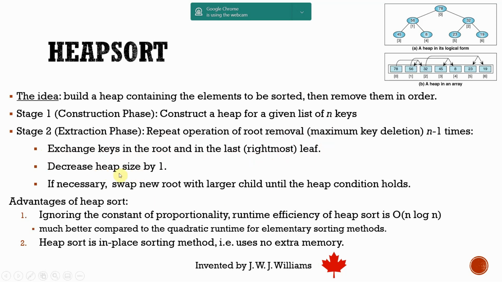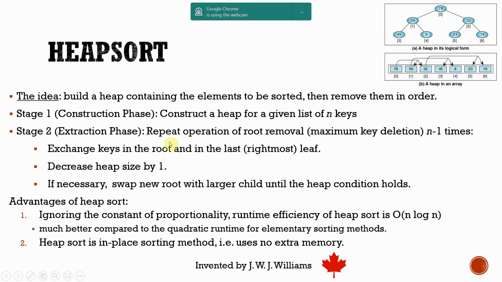We decrease the size of the heap by 1, and if necessary we do bubble down. We have to make sure that we reheapify the complete binary tree that we have. And we do this process n-1 times.